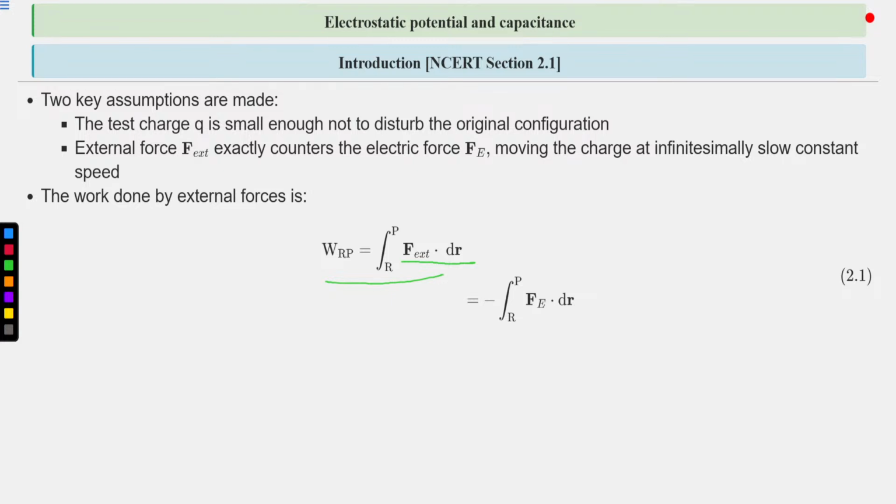Since we have assumed that external force exactly counters the electric force, it means this electric force is equal and opposite of external force, which means we can write it as minus Fe dot dr, integrating from R to P. Mark it as equation 2.1.